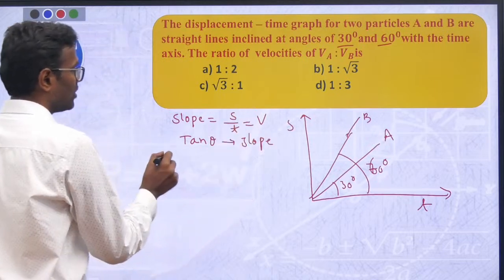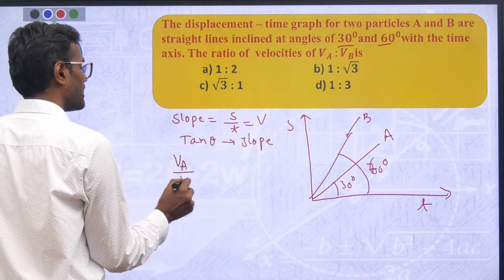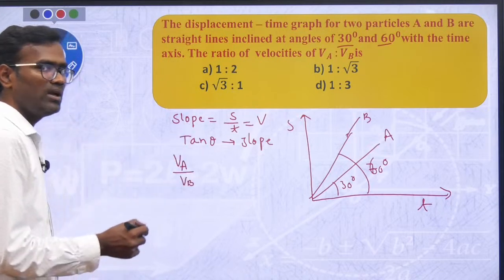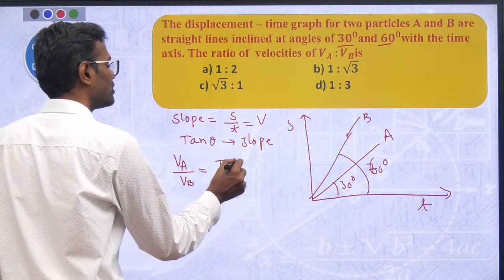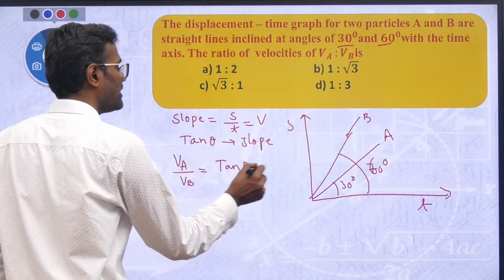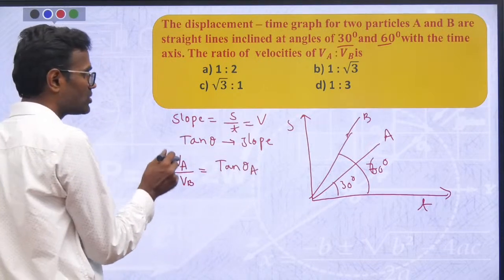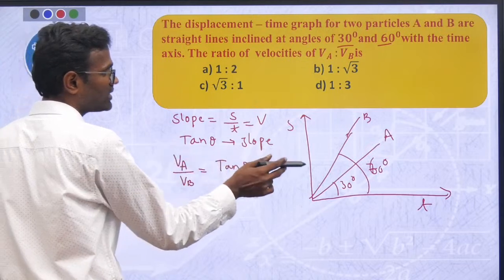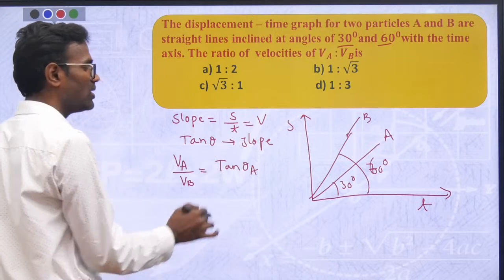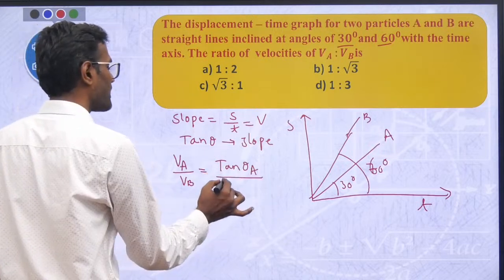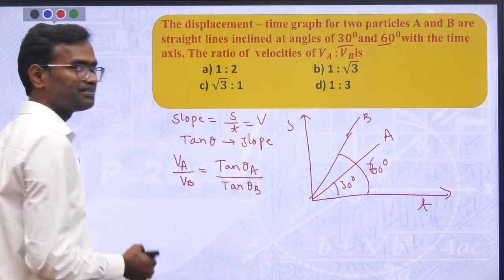So the ratio of the velocity of the first particle to the second particle means VA by VB. VA is equal to tan theta A, because the slope of the graph gives velocity. So VA by VB is tan theta A by tan theta B.